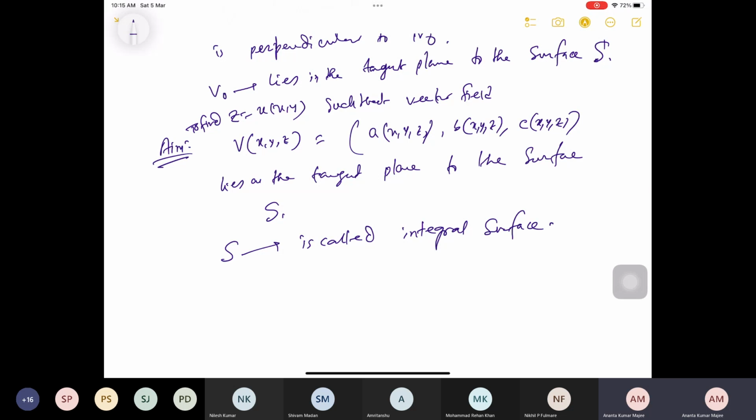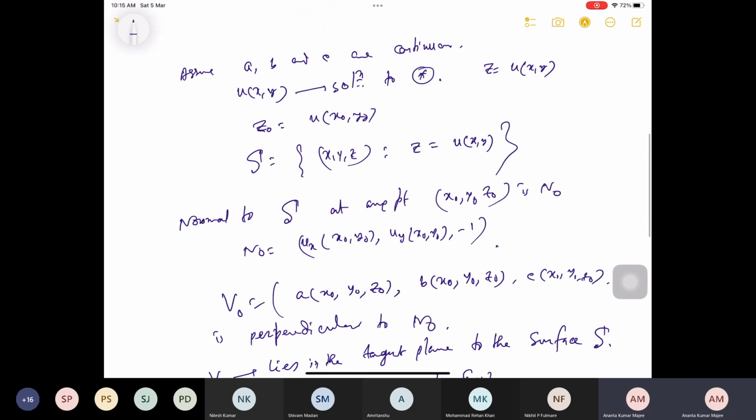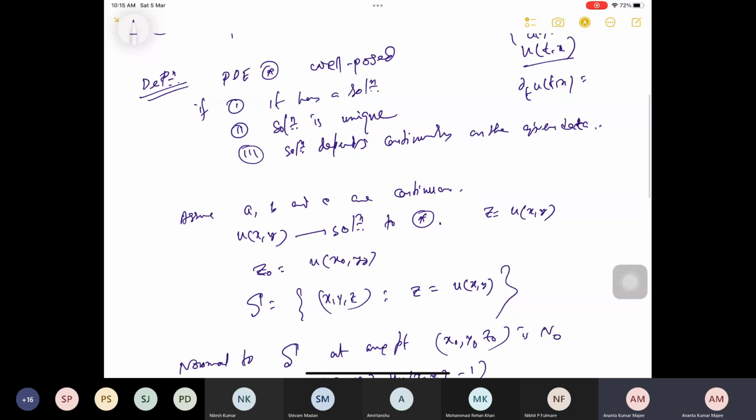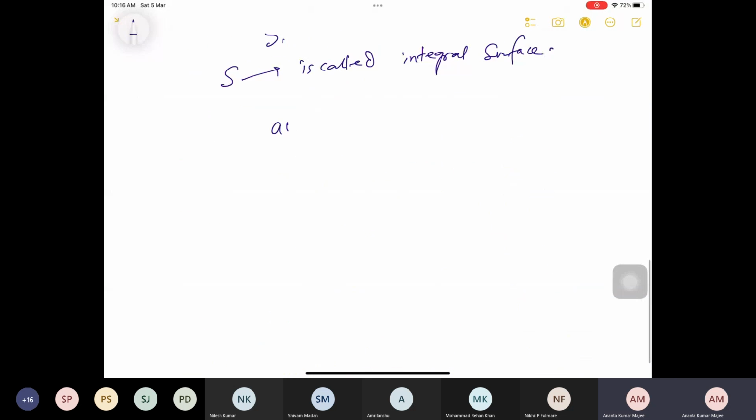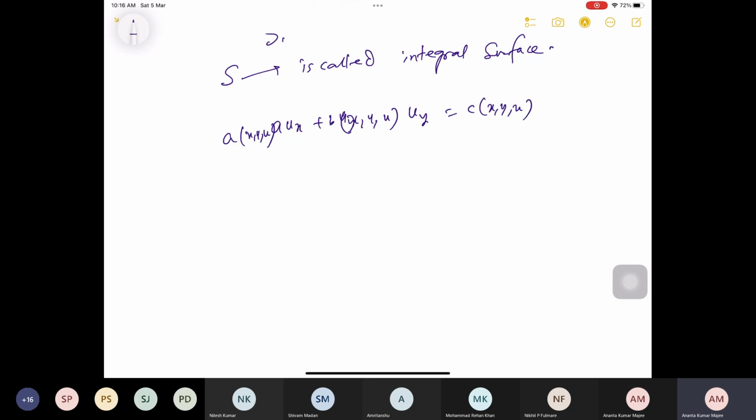So that means to find a solution to this given Cauchy linear problem, which is a of x, y, u times ux plus b of x, y, u times uy is equal to c of x, y, u.